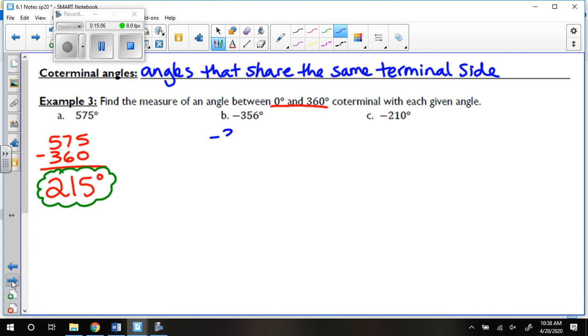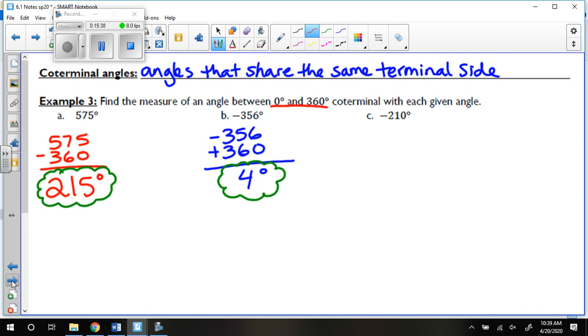So I'm going to take negative 356 and add 360. That gives you 4 degrees. After you have either added or subtracted 360, you need to ask yourself, am I between 0 and 360? Yes, I am. So 4 degrees is coterminal with negative 356 degrees.